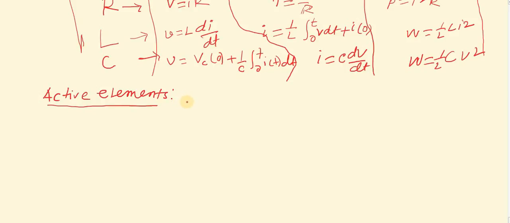Now here we will discuss the source, voltage source or current source. Sources may be of two types. One is voltage source, another is current source.